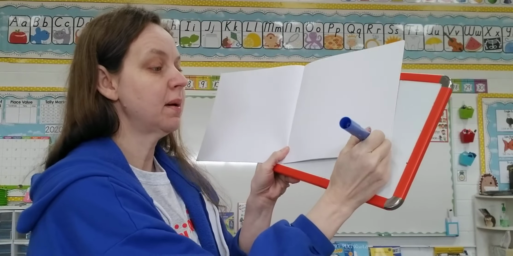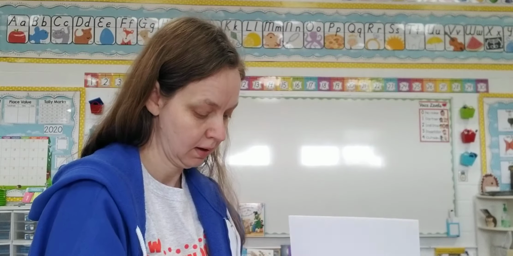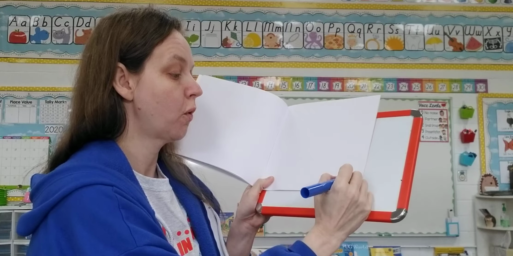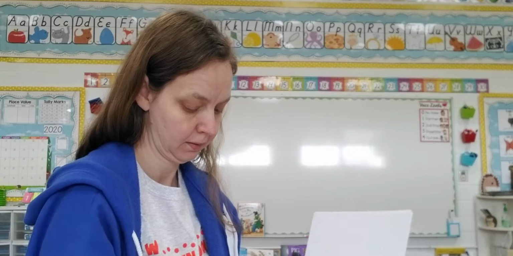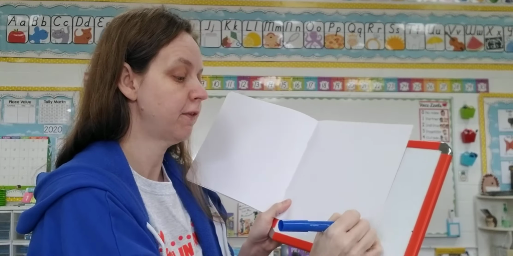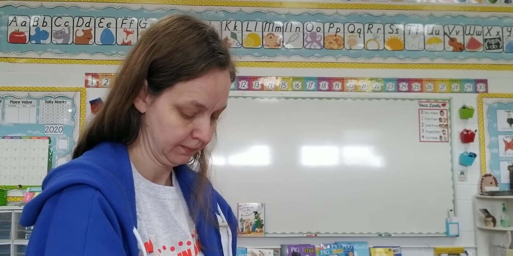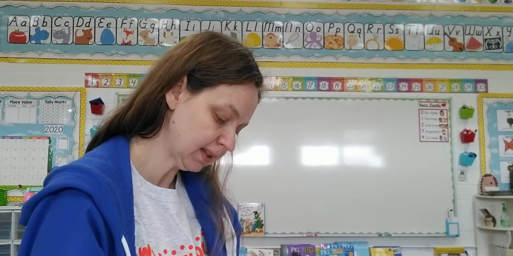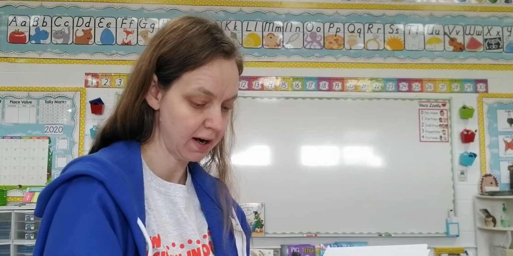And then flip it and put 3. 4. 5. 6. See how I'm just keeping them right down here at the corner so that people can find it very easy.